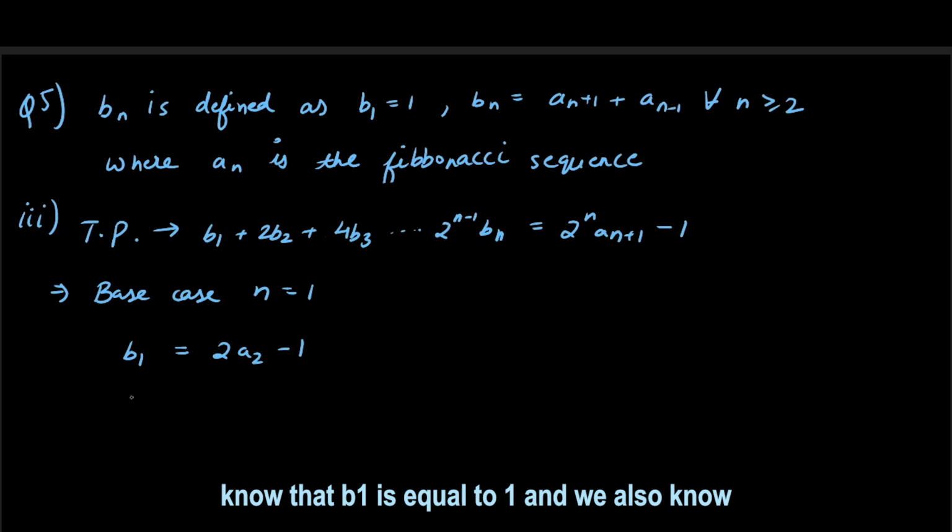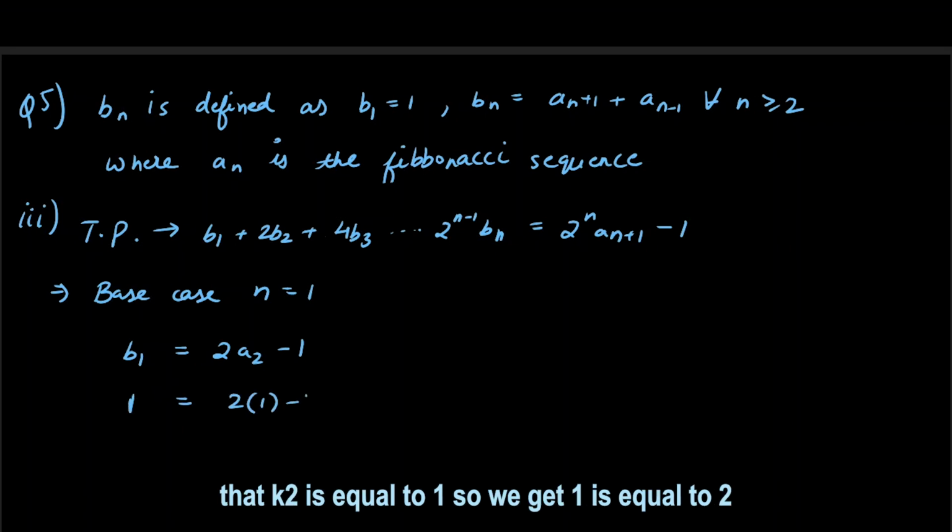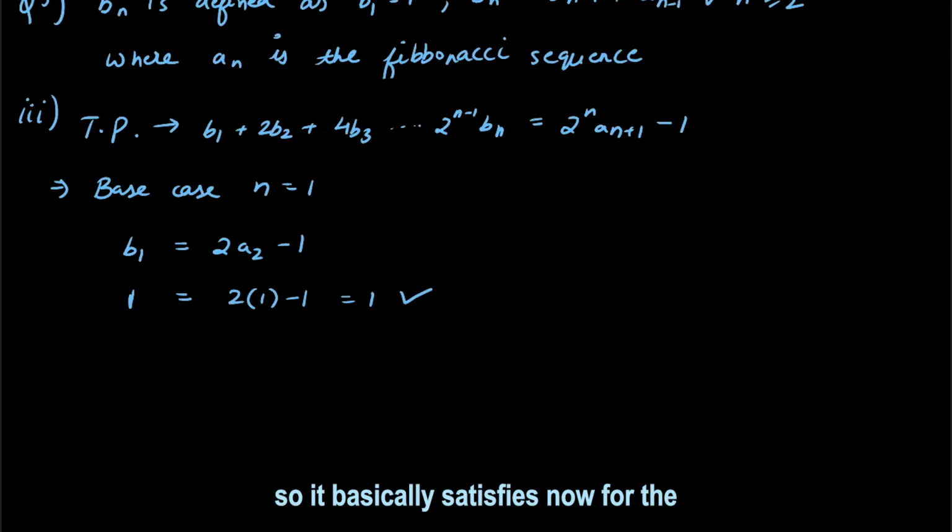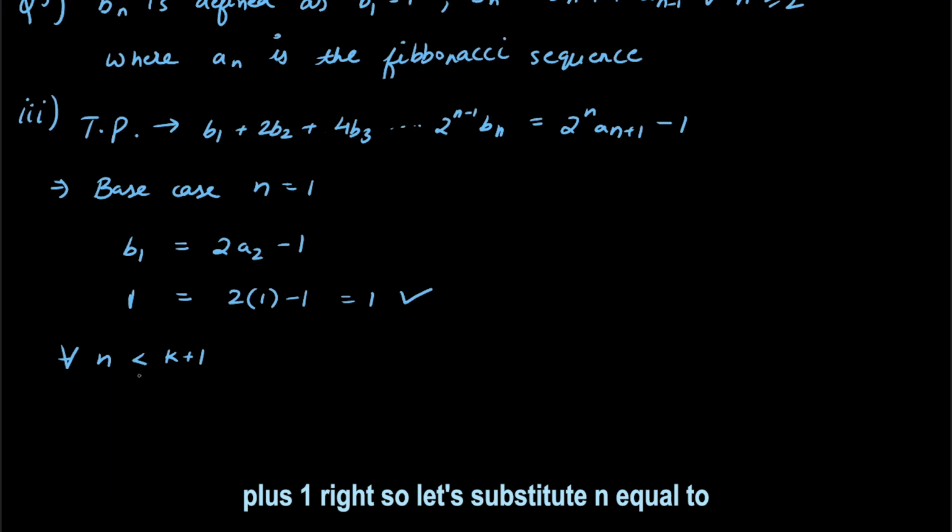We know that b_1 is equal to 1, and we also know that a_2 is equal to 1. So we get 1 is equal to 2 into 1 minus 1, which is equal to 1, which is true. So the base case satisfies. Now for the induction hypothesis, let's say this is true for all natural numbers n less than k plus 1. Right, so let's substitute n equal to k.